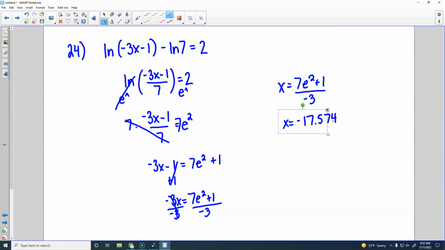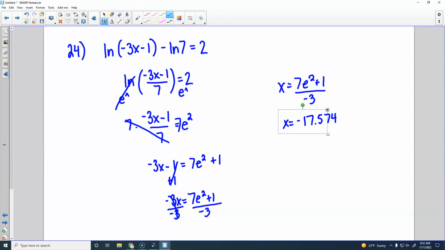Okay, questions? So we have two things that we're going to do today. We've got our quiz on these first three sections that we have looked at.